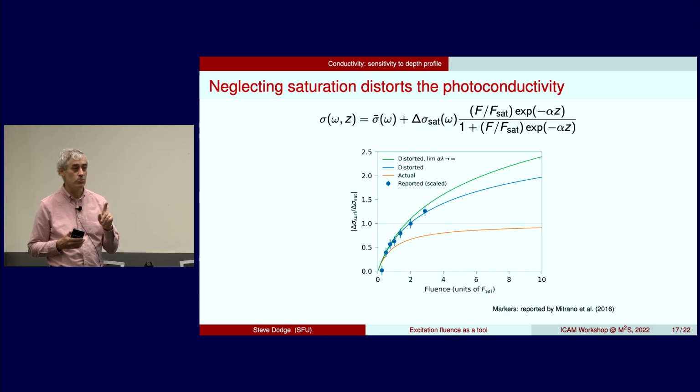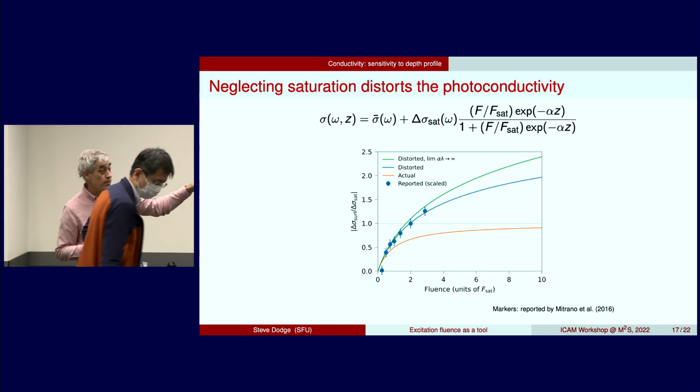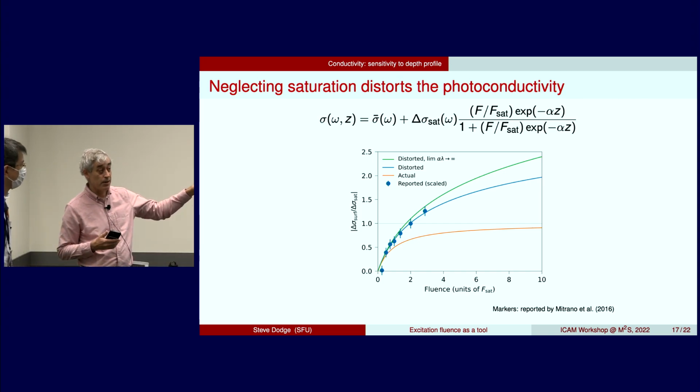The one thing that I do want to say in response to your comment about the square root effect: if you look at that blue curve, it's very difficult experimentally with the error bars that are shown.